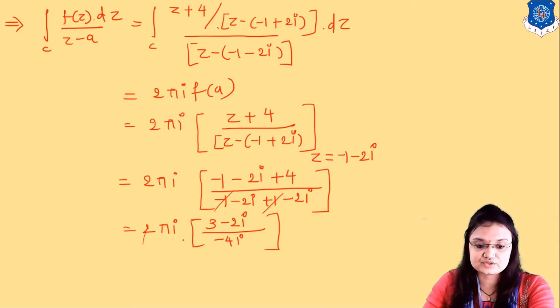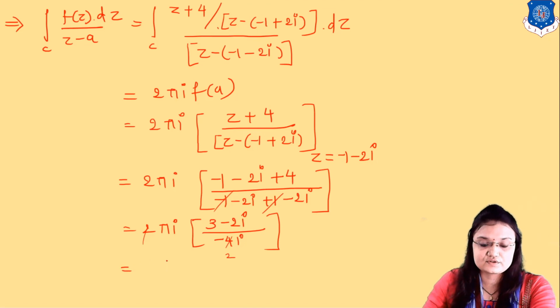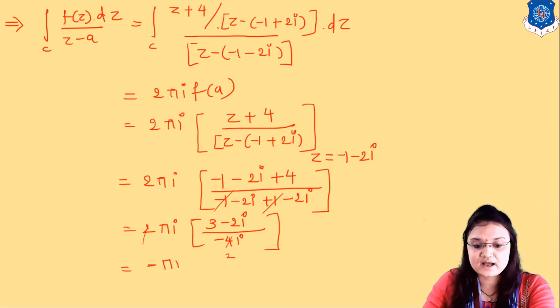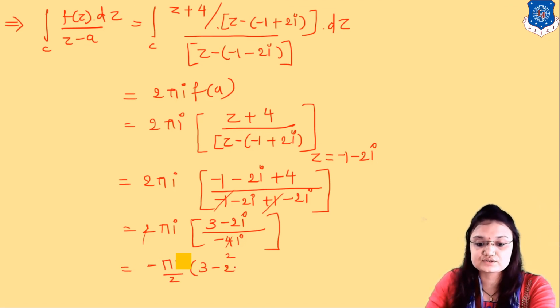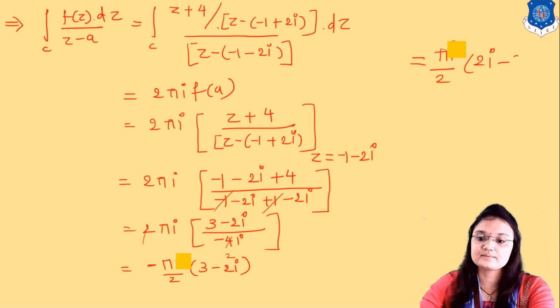So this 2 and 2 are 4. So this will become −pi by 2 into (3 minus 2i). So by taking the negative sign we will get the final answer, that is pi by 2 times (2i minus 3), which is our final solution.